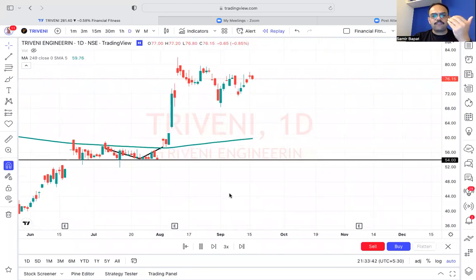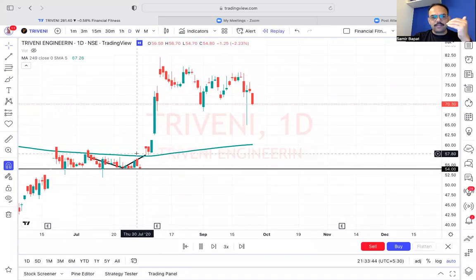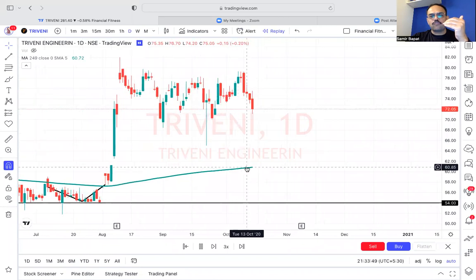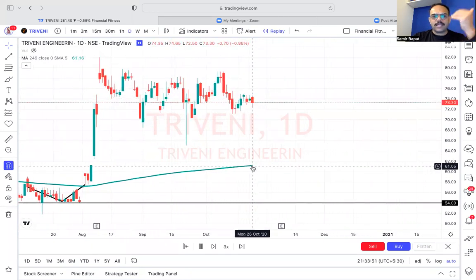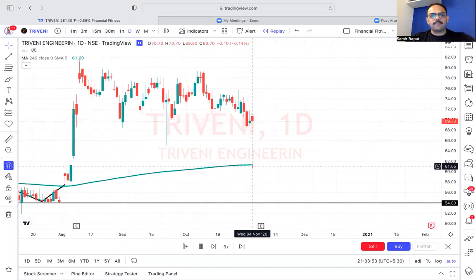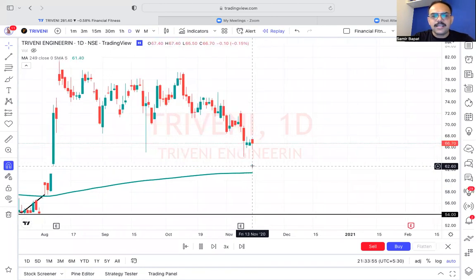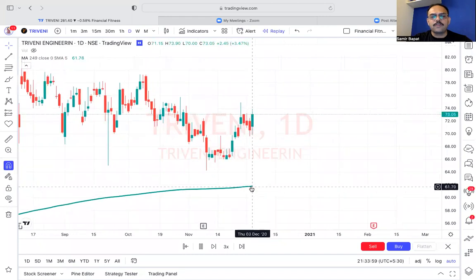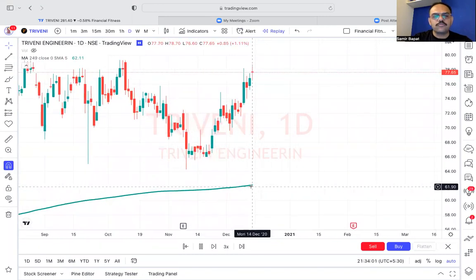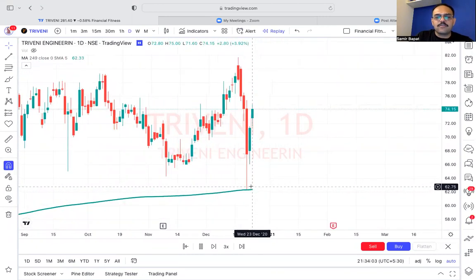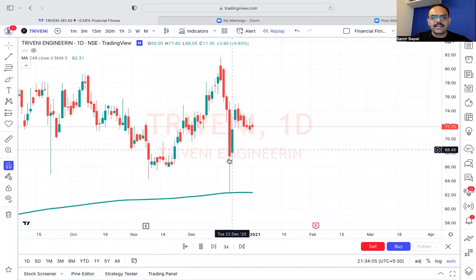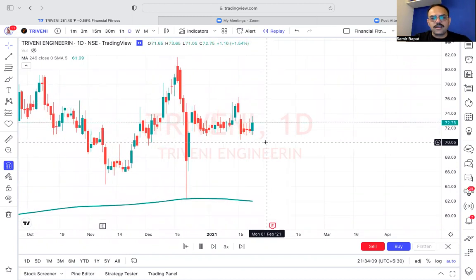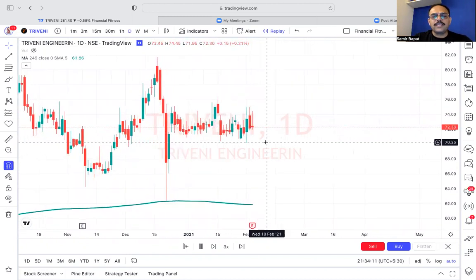Okay, so I'll tell you when we are going to exit: when it is going below this 249 days moving average. As of now, it is holding above it. I'm okay. I'm happy. Every day I just come and see, is it above or below this 249 days moving average? If it is dancing above it, I don't mind. Even if it is crashing like this, I'm okay. It has not closed below the 249 days moving average.